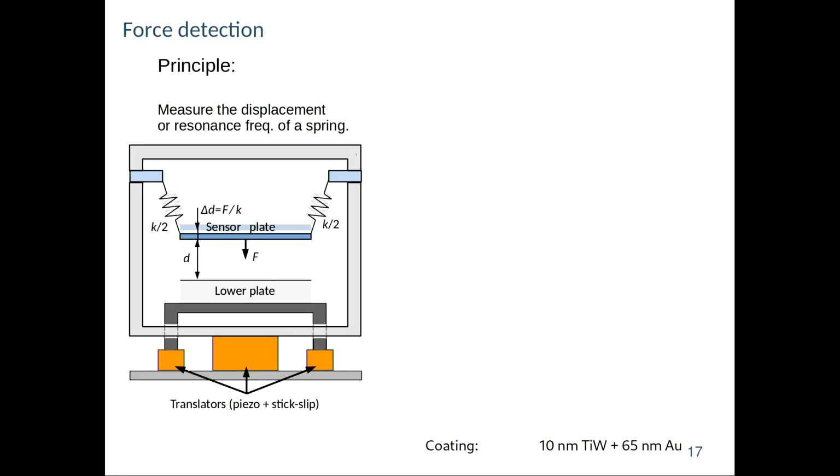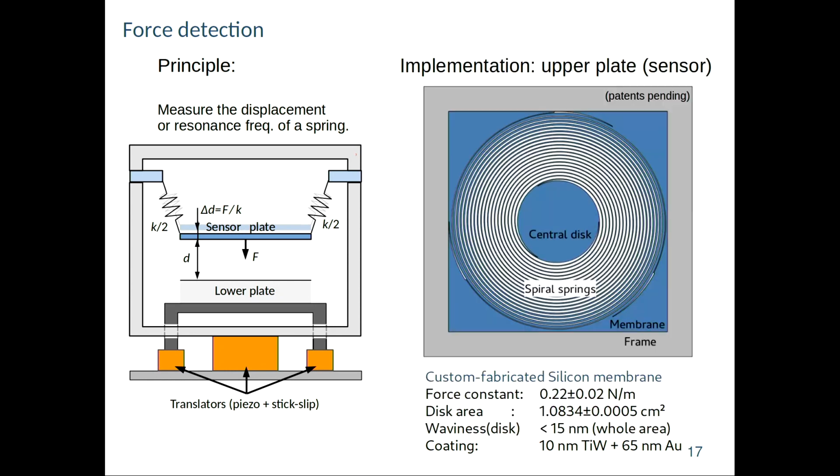If you look at this part, it's very simple. You just have two plates. One is a mass spring system in parallel to another plate. This mass spring system here actually looks like this. It's spiral-shaped springs with a central disk of 1 square centimeter.